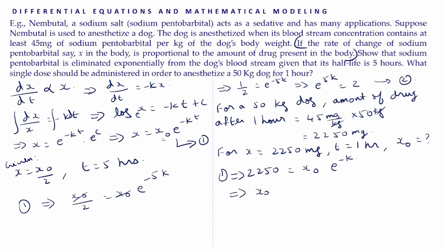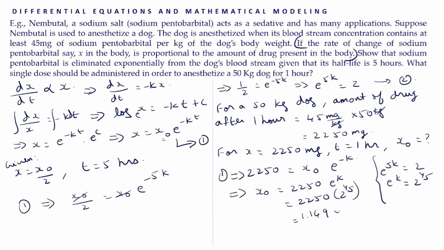So from this we have x naught equal to 2250 into e raised to k. Now here e raised to 5k equal to 2, which means e raised to k equal to 2 raised to 1 by 5. So this is equal to 2250 into 2 raised to 1 by 5. 2 raised to 1 by 5 is 1.149, into 2250.